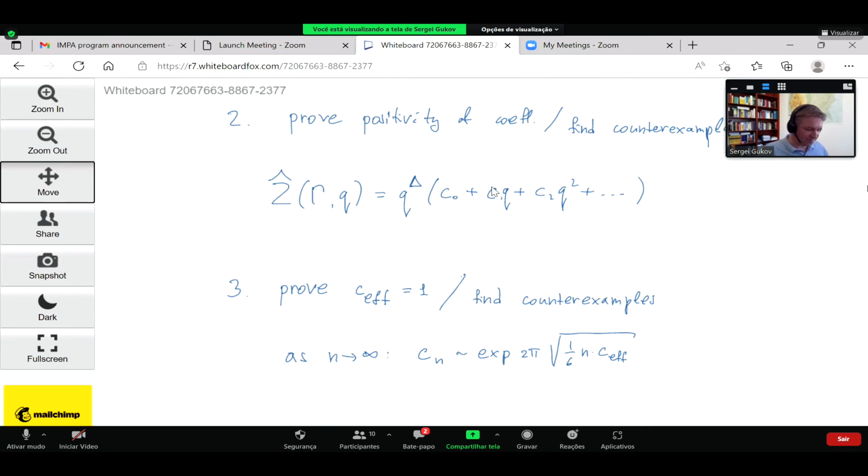Again, I don't know if it's true in general, and if it is, it would be good to prove it, because this C effective is a basic measure of a VOA or CFT. Or if there are counterexamples, then it would be good to find them and understand them. Again, either way, it's interesting. There is no prejudice, and I'm totally agnostic.